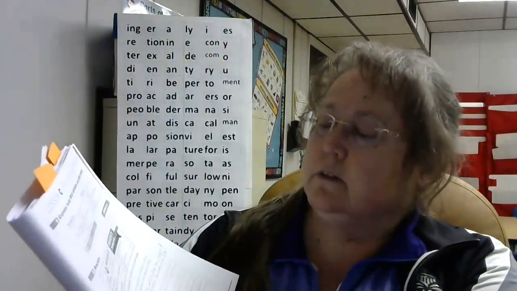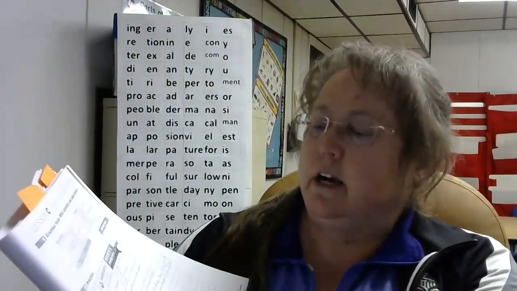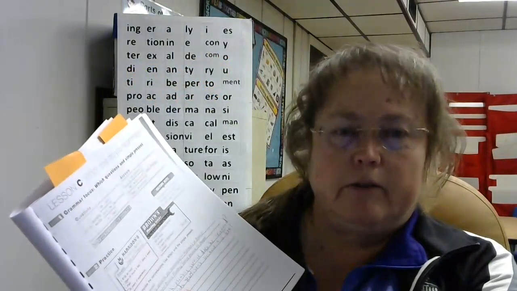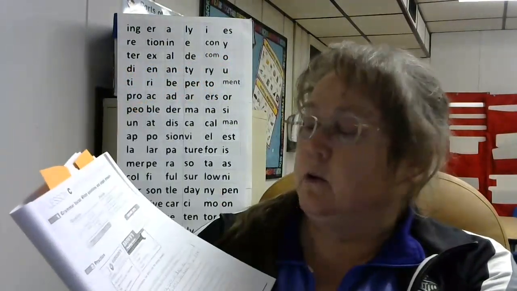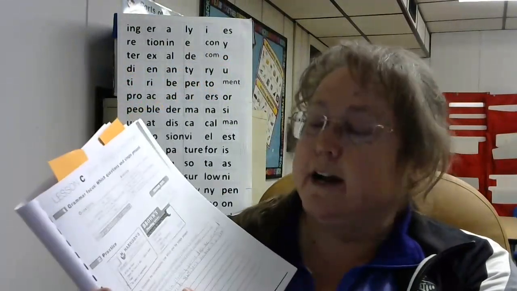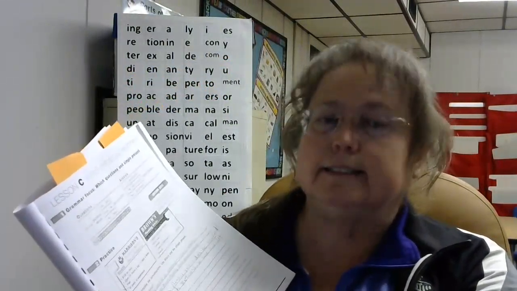So you have to look up here and see which plumbing service is cheaper. Harrison's is $100 an hour, and Brown's plumbing services is only $50 an hour. So Brown's is cheaper, isn't it? So you would say, I recommend Brown's plumbing service because it's cheaper.